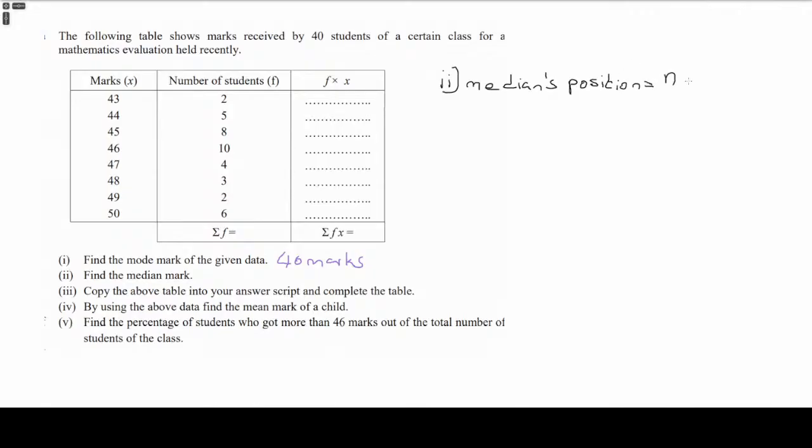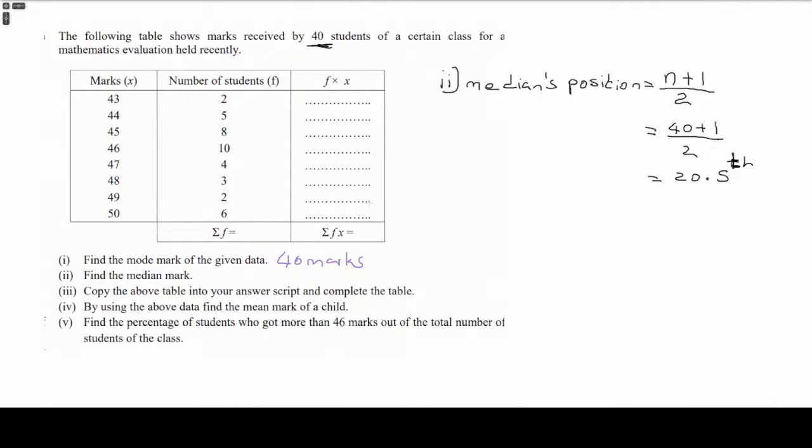N plus 1 divided by 2. So what is the n? That's the number of students. That's 40. So 40 plus 1 divided by 2. That is 41 divided by 2, which is 20.5. So the child who's in the middle will be in the 20.5th position.